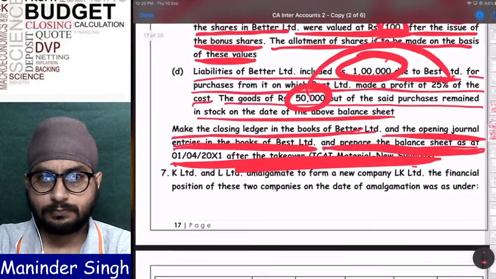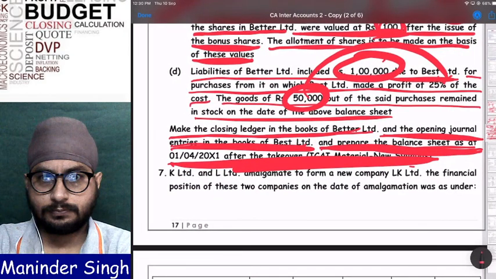Next, see here, what are they telling? For purchases on which Best Limited made a profit of 25% on cost.